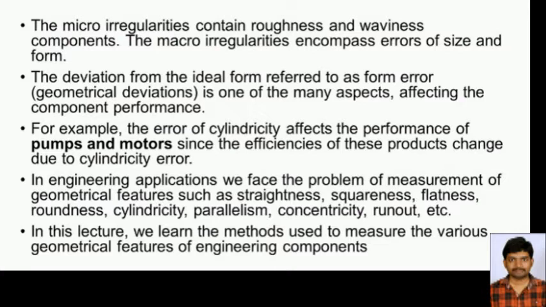The deviation from the ideal form, normally known as form error or geometrical deviation, is one of the many aspects affecting the component performance. For example, the errors of cylindricity on the pistons used in hydraulic motors and pumps affect the efficiency of the product.